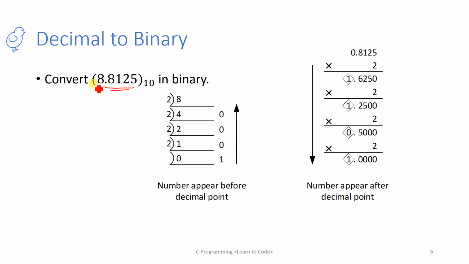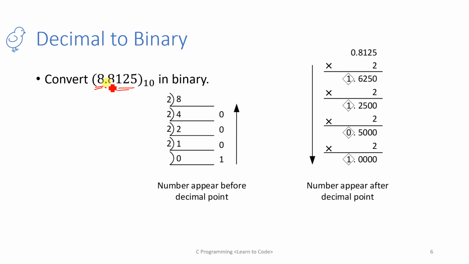So to find out the binary equivalent of 8, you have to divide it by 2. So 8 divided by 2, you get 4 and the remainder is 0. 4 divided by 2, you get 2, the remainder is 0. 2 divided by 2, you get 1 and the remainder is 0. Then 1 divided by 2, you get 0 and the remainder is 1. Now you read the value from bottom to top, 1000.